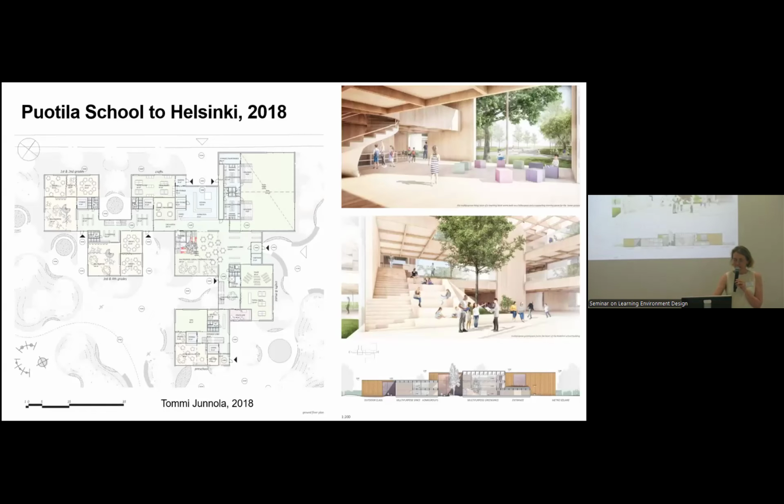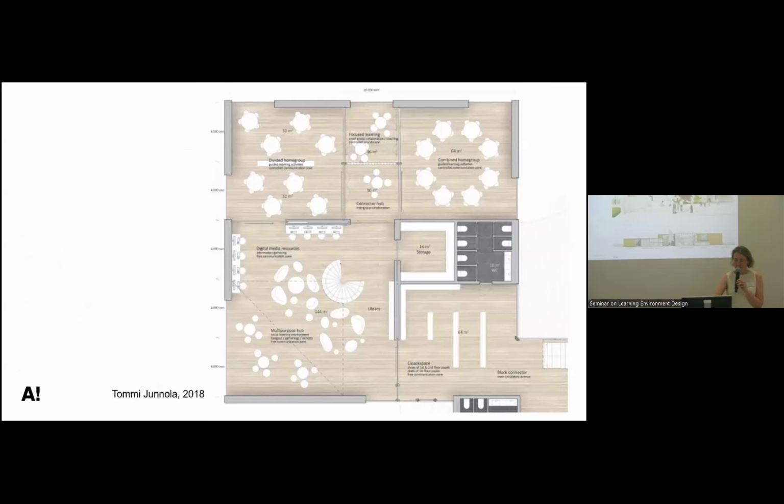Or then another example of this assignment, Tommi Junnola, who also did his design based on little outdoor areas between those school modules, and a collecting high space there in the middle of the house.